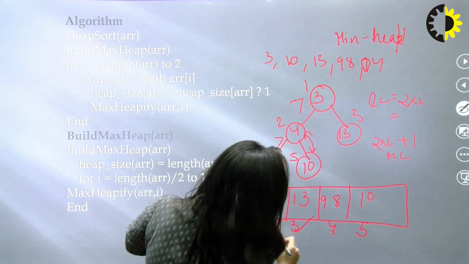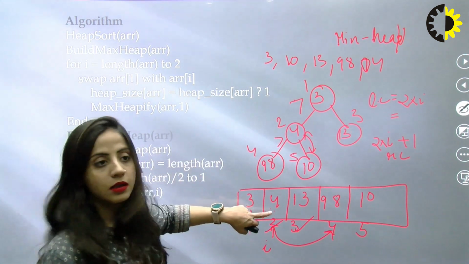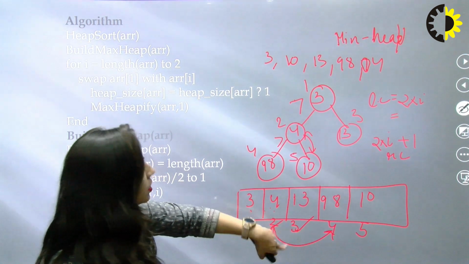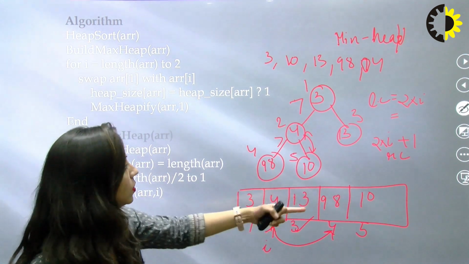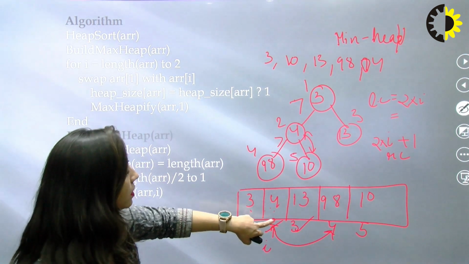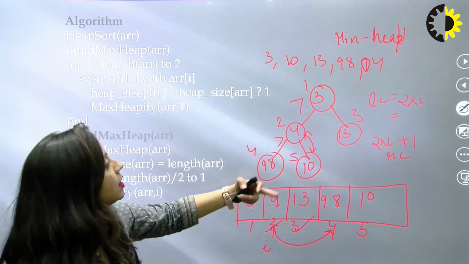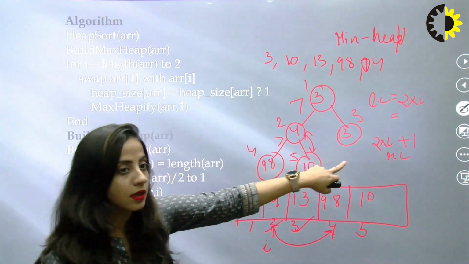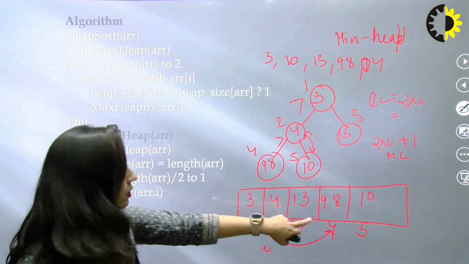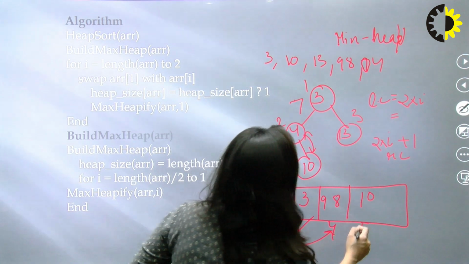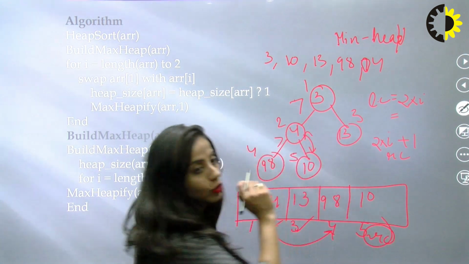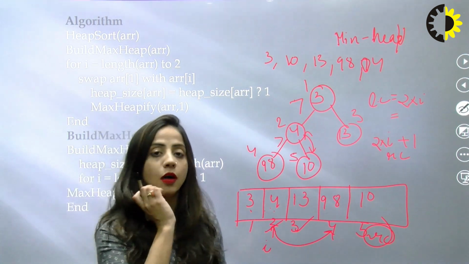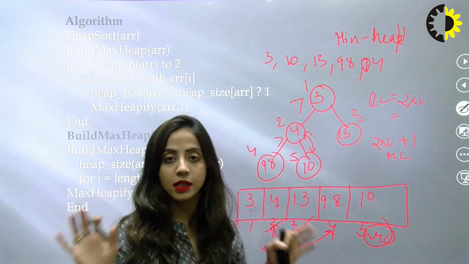So this will be the left child of this value, and its right child will similarly be at 2 into i plus 1. So 2 into 2, 4, plus 1, 5. This will be its right child. I hope that's clear.